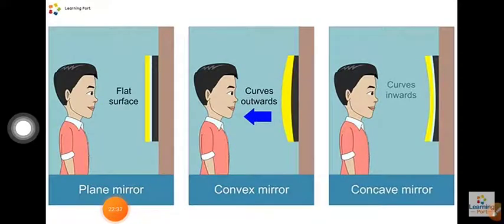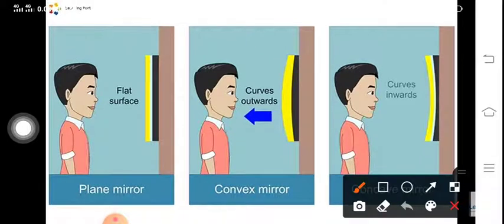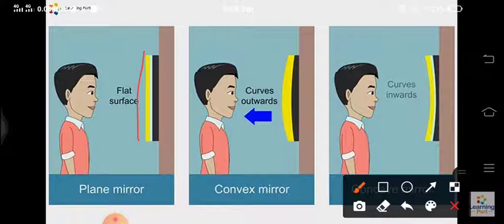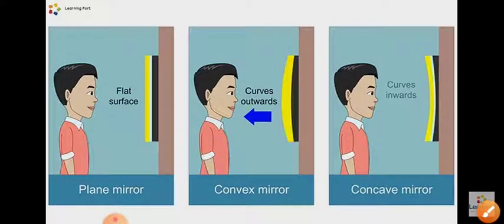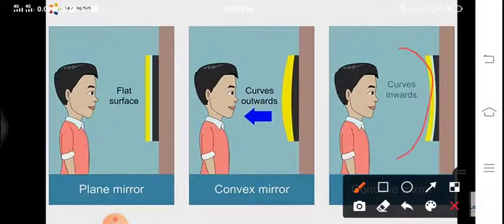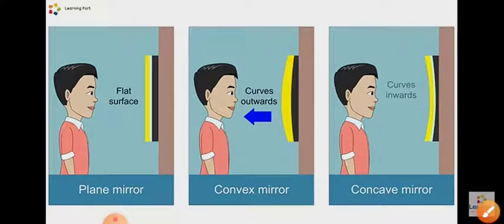These are the types of mirror: plane mirror, convex mirror and concave mirror. With a plane mirror, the surface of the mirror is flat. With a convex mirror, the surface of the mirror curves outwards, and with a concave mirror, the surface curves inwards. We will see the images formed by these mirrors.